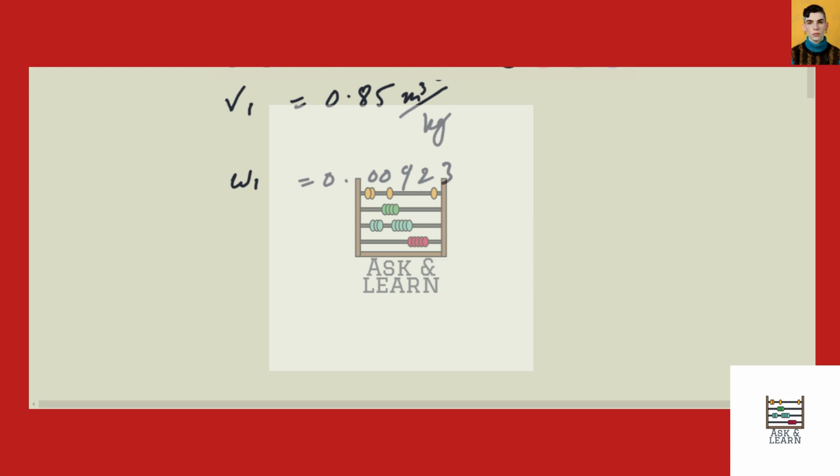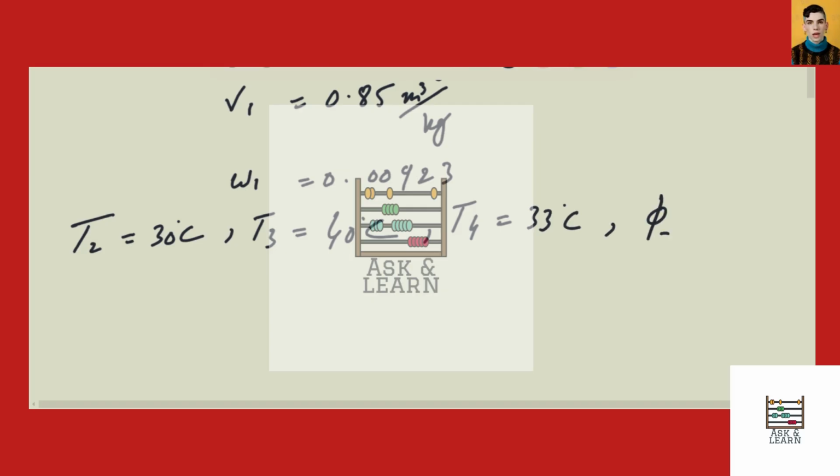And moving further, we will also need the same properties for the exit stream and the enthalpies H3 and H4. For the calculation, we will use the given temperatures, that is T2 is equal to 30 degrees centigrade, T3 is equal to 40 degrees centigrade and T4 is equal to 33 degrees centigrade, whereas relative humidity phi 2 is equal to 95%.